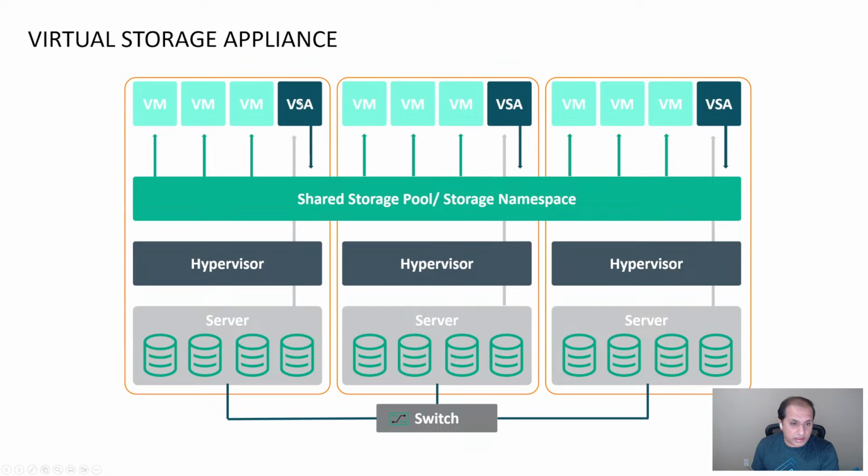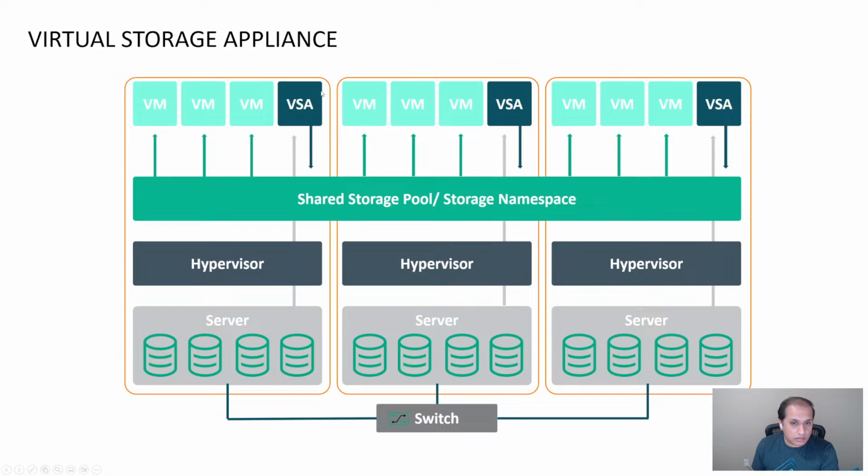But the VSA has intelligence to store the same data on multiple servers. Let's say there's a VM with a database engine running on it. If that database engine writes some data, it goes to the VMDK file. The VSA intercepts the data, notes there was a data change in the virtual environment, takes a copy of the data and stores it in the server.